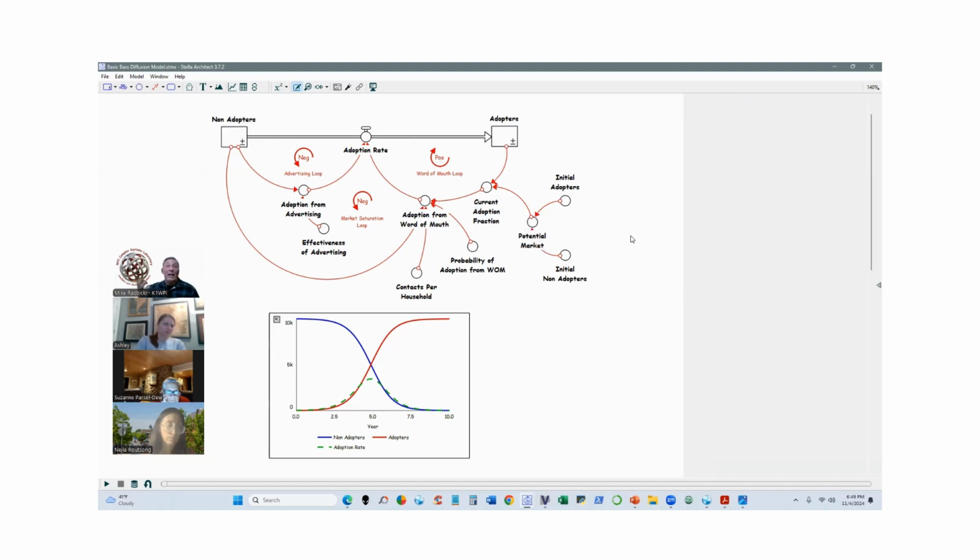Mathematically, they're related, so they're not independent of one another. So this doesn't happen very often, but I'm just calling your attention to that. So this would be classified as a first order system, even though it has 2 stocks in it, because they're related. Yes, they're not independent. That's correct. All right. So anyway, there's an advertising effect here.